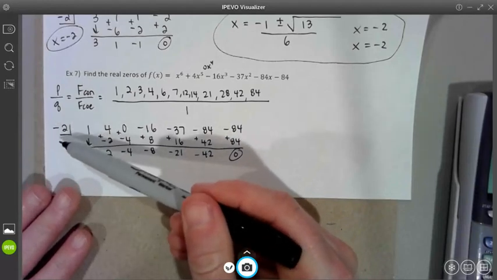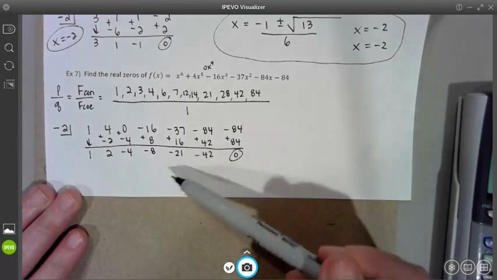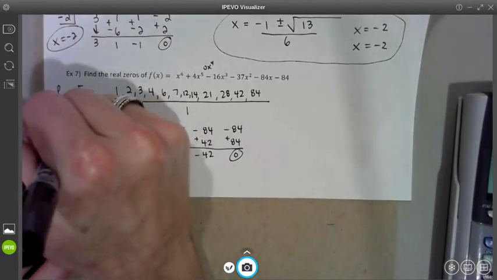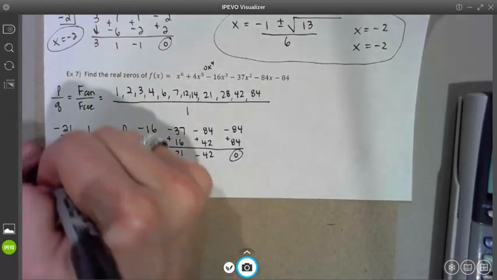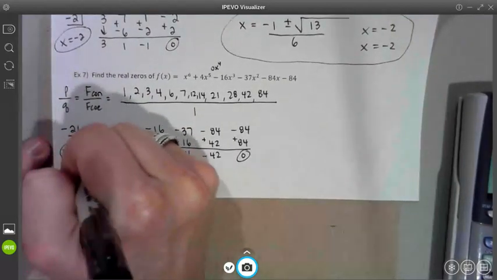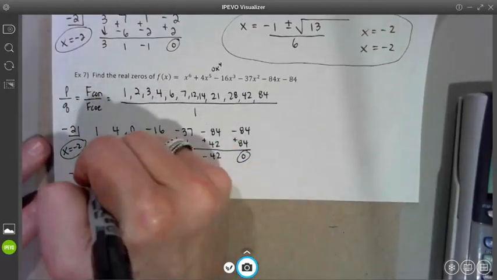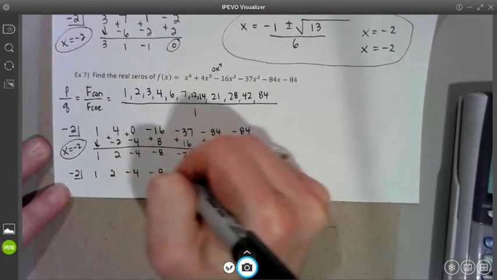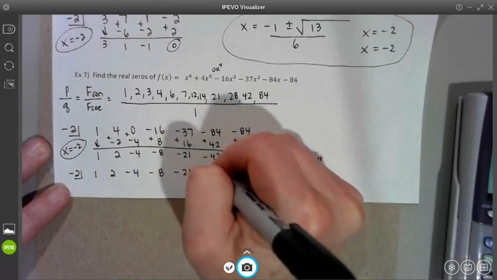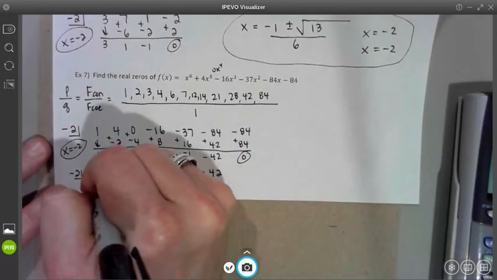So I'm going to try -2 again with my new coefficients to see if it's another 0. So right now we know -2 worked one time, so let's hold on to -2 as 1. Let's try it again. Use your new coefficients. Let's see if we can get another remainder of 0.